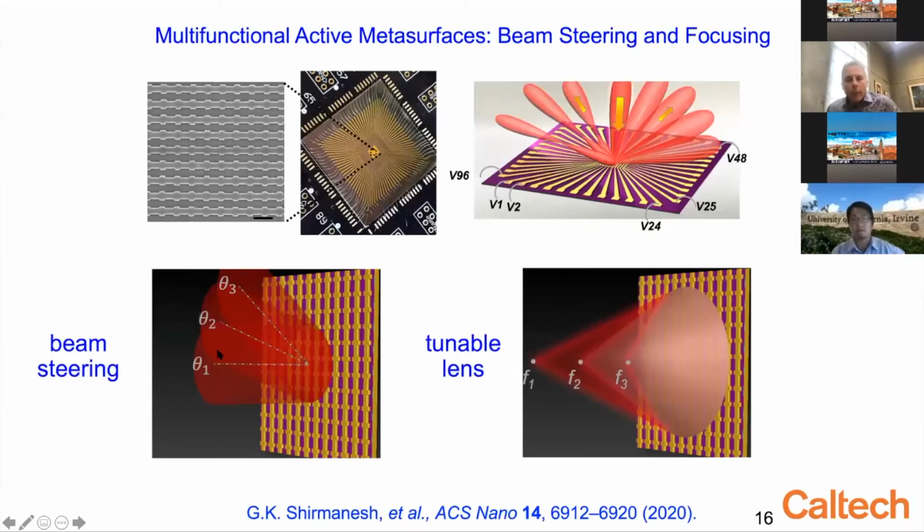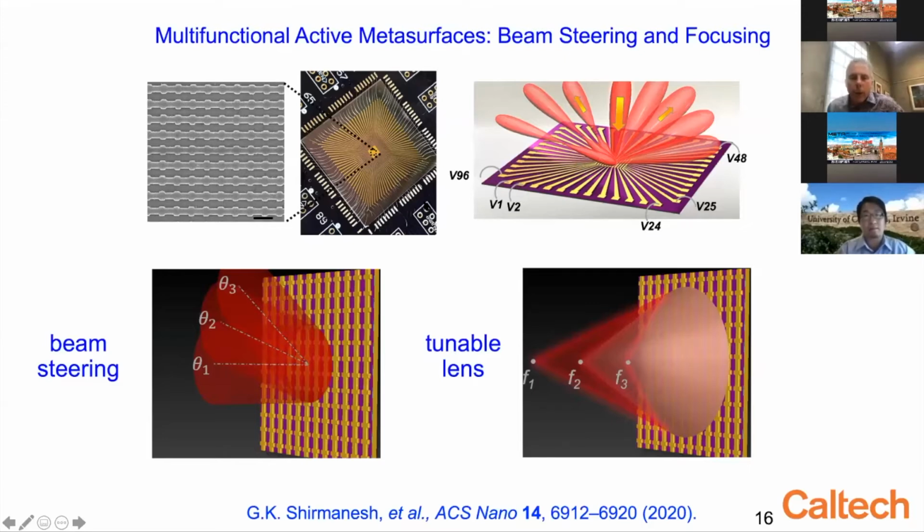So by now creating antenna elements where I can independently electrically connect to a large number of elements, in this case, this shows a chip that we've designed in our lab, where we connect independently to 96 different antenna elements.